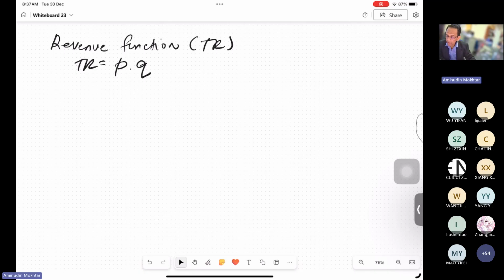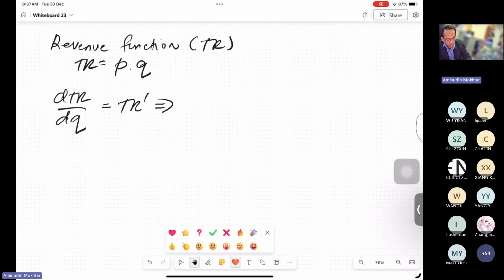If TR is a revenue function, the first differentiation of TR, or dTR/dQ, or TR prime, is also the first derivative, which equals the marginal revenue.